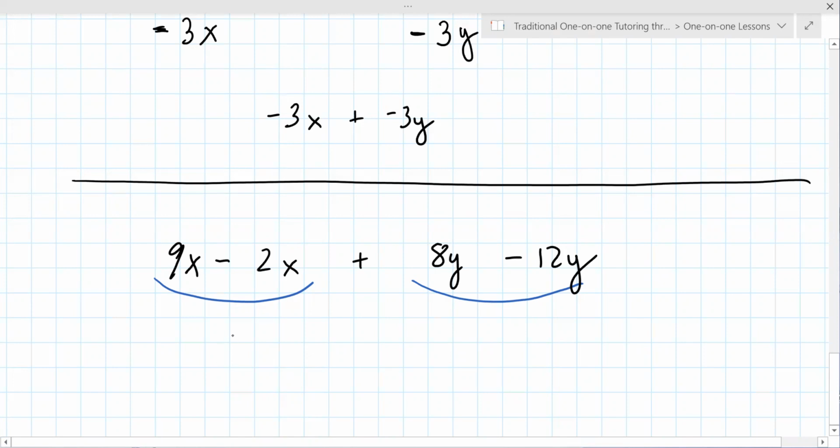Okay, that equals 7. 7x. Good. Plus 8y minus 12y. Which is bigger, 8 or 12? 12. Is 12 positive or negative? Negative. So the answer is negative. And then you have to take 12 and subtract 8. Four. Minus 4y.